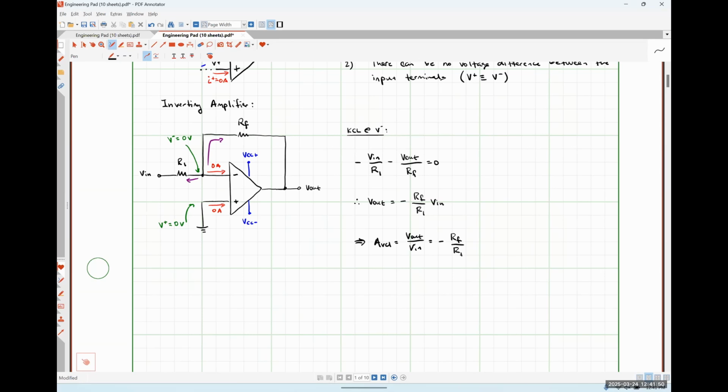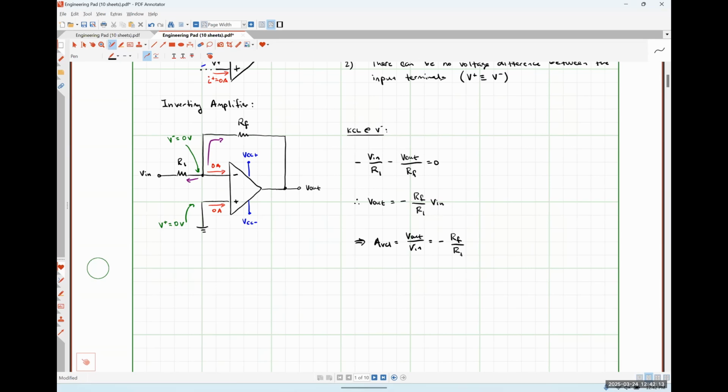For our inverting comparator, we had our input signal applied on the inverting input side of the op amp as well. All of that inverting stuff really means is that if I apply a positive polarity input signal, I'm going to get a negative polarity output signal.